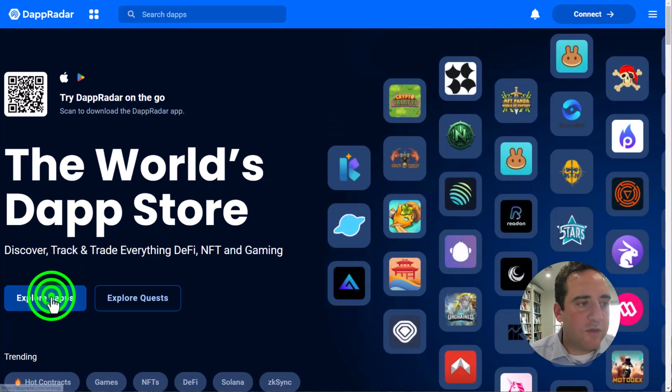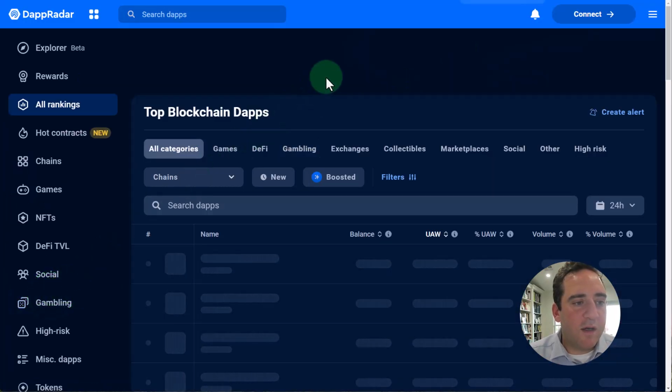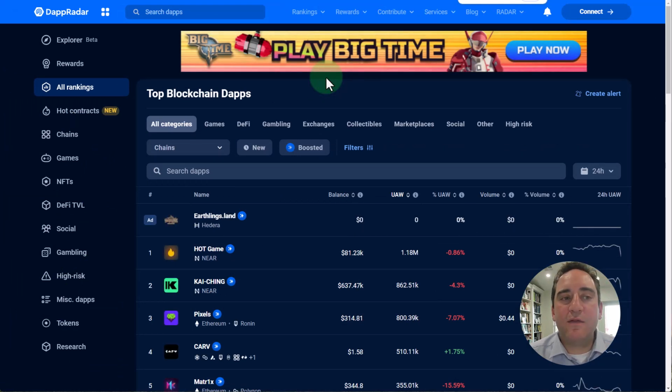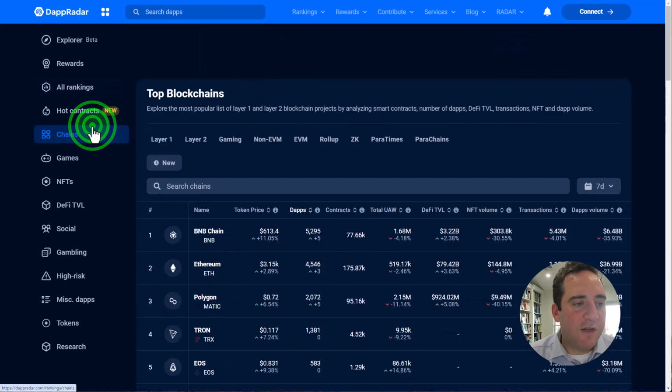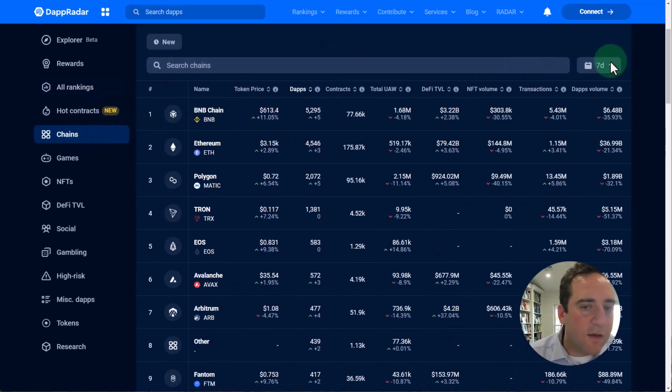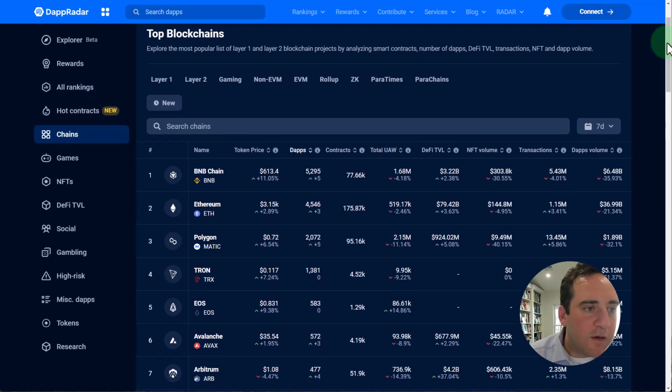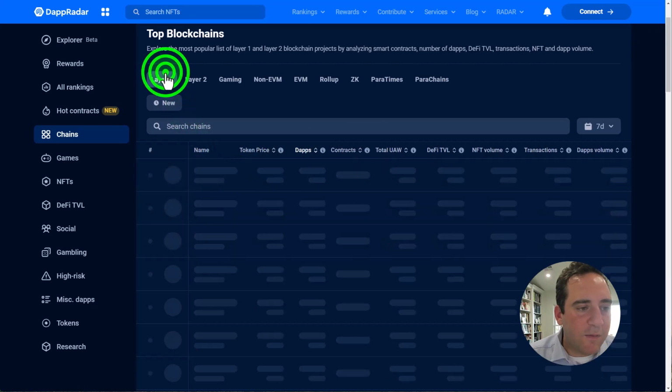DappRadar is incredible because this shows you the most actively used decentralized applications by blockchain. So what you can do is you say chains, and then you say, I want to see which blockchains are being used the most actively.